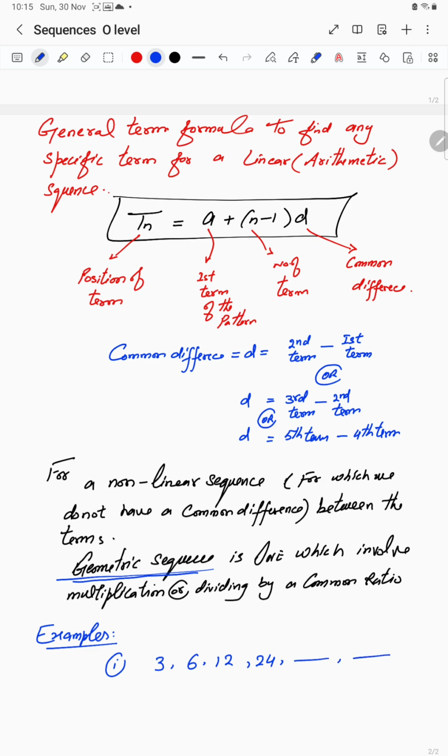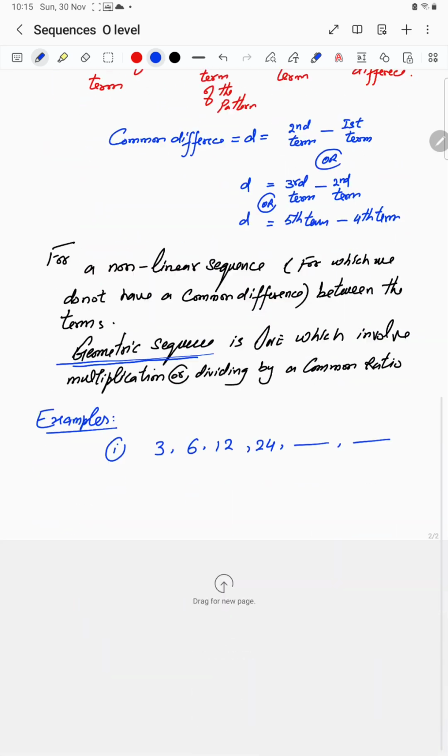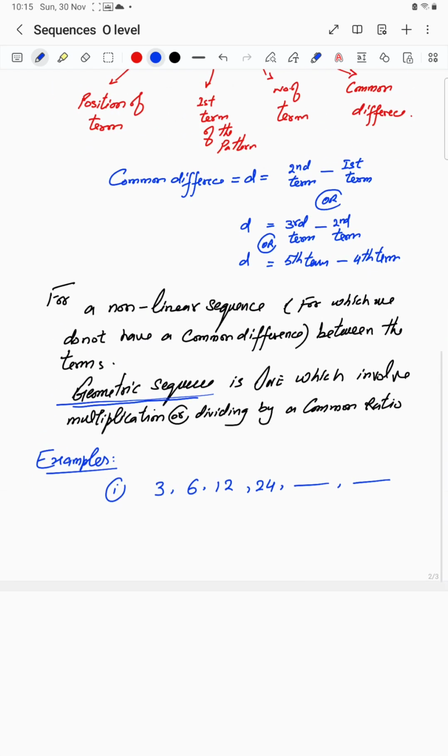Here you can see, is there anything constant added or subtracted to make a common difference? The difference is plus 3, here is plus 6, here is plus 12, and so on. There's nothing common here.